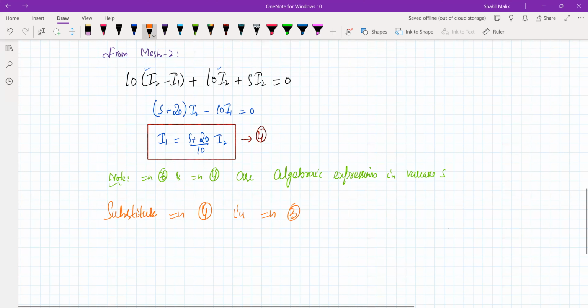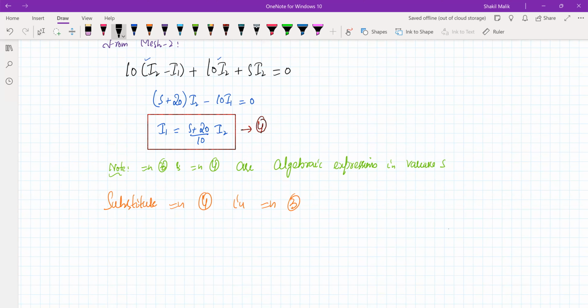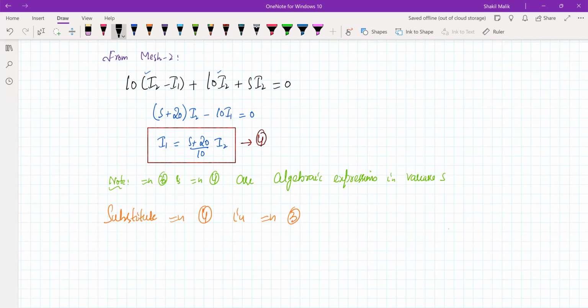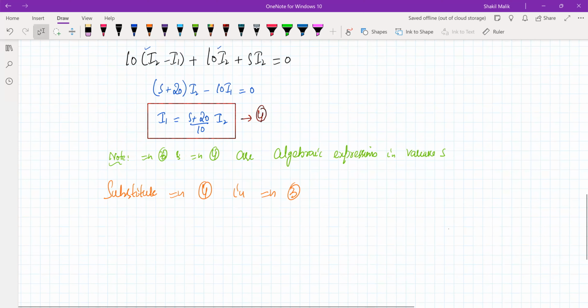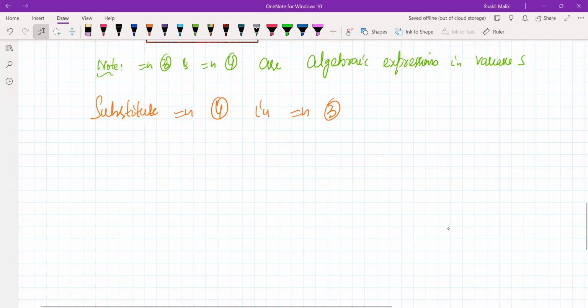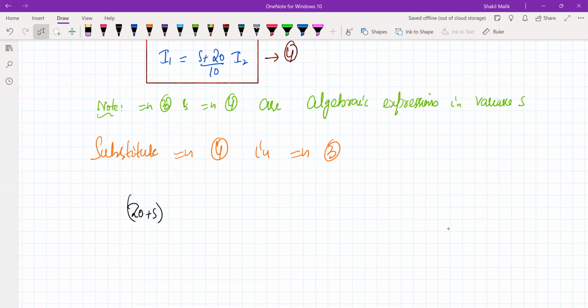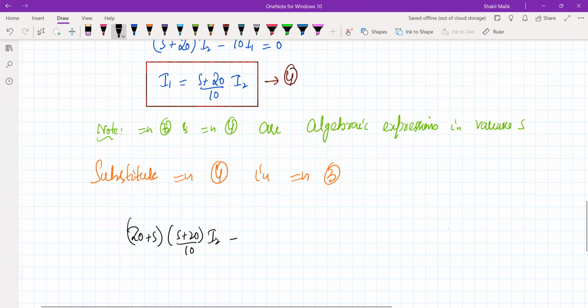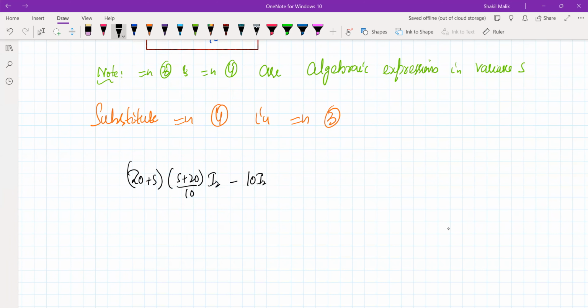What we'll get from this is (20 plus s), and for I1 I will write (s plus 20) divided by 10 times I2, minus 10 I2, which is equal to 100 by s.